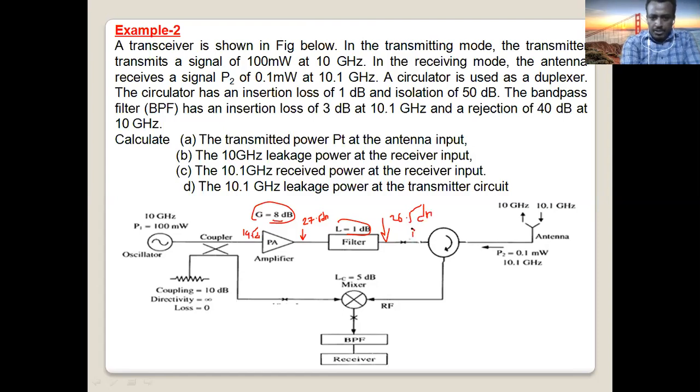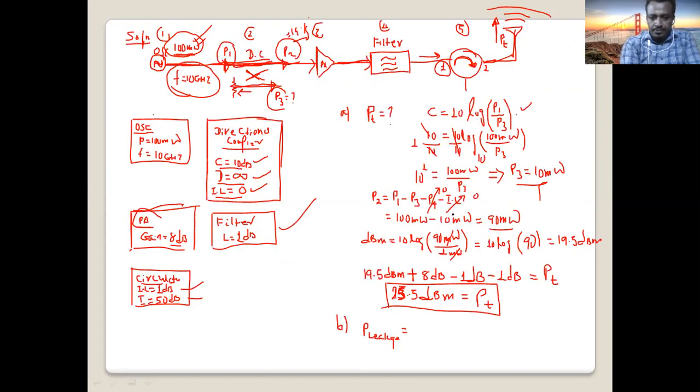Now this input power is at port P1. So how much power goes to port 3? Leakage, unwanted power. That is what we call isolation of the circulator, 50 dB. So 26.5, that's the input at port 1, minus 50 dB isolation. Because the signal goes in the wrong direction in the circulator, we have to subtract isolation.